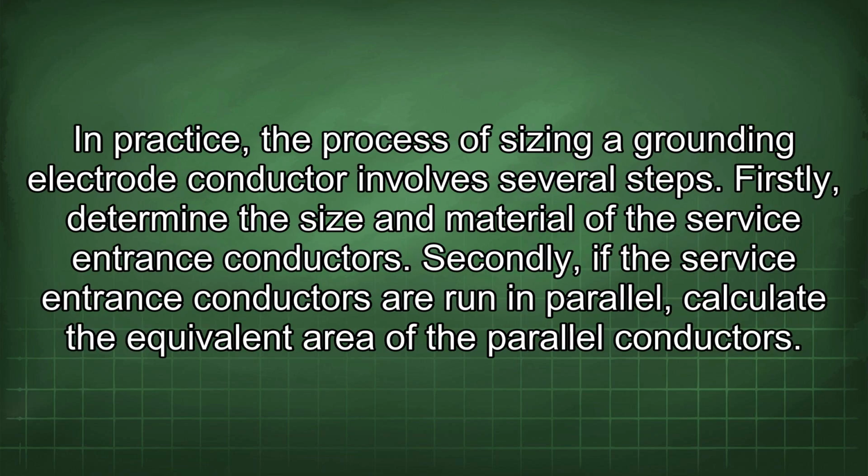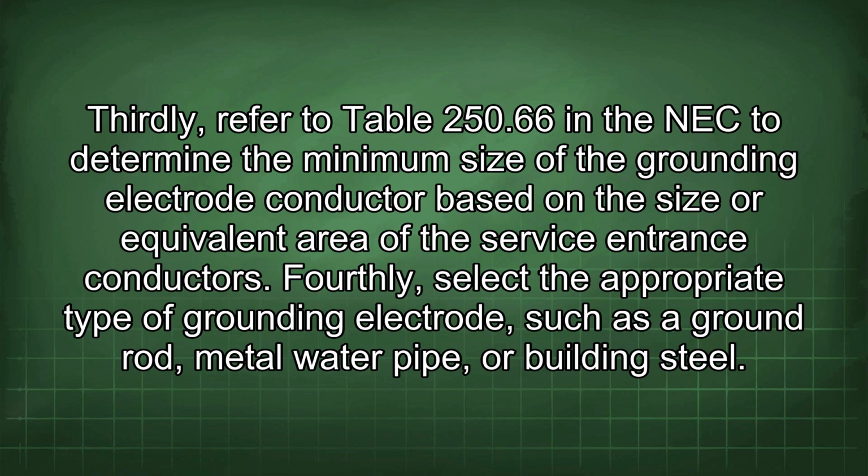In practice, the process of sizing a grounding electrode conductor involves several steps. Firstly, determine the size and material of the service entrance conductors. Secondly, if the service entrance conductors are run in parallel, calculate the equivalent area of the parallel conductors. Thirdly, refer to table 250.66 in the NEC to determine the minimum size of the grounding electrode conductor based on the size or equivalent area of the service entrance conductors.